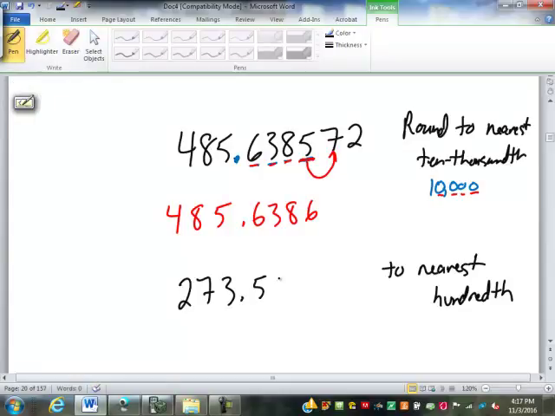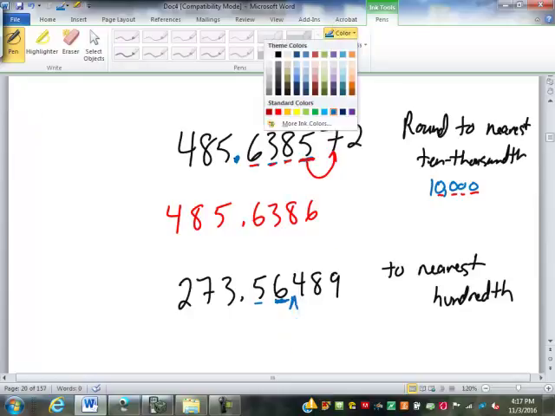Put that in the wrong spot. Something like that. Round to the nearest hundredth. So I look at my hundredth place, tenths, hundredths. It's right there. That's my hundredths place. I'm rounding off after that digit. I look at the 4, and it's less than 5, so it stays the same.